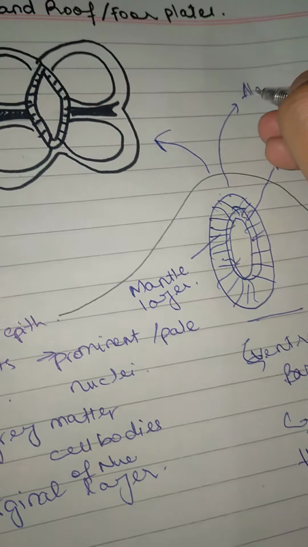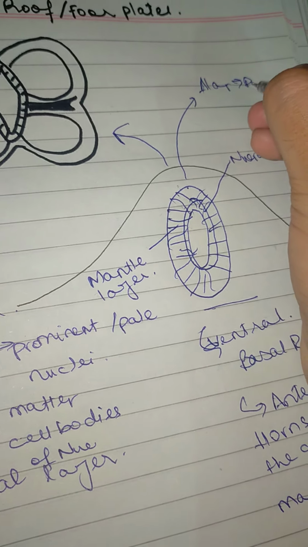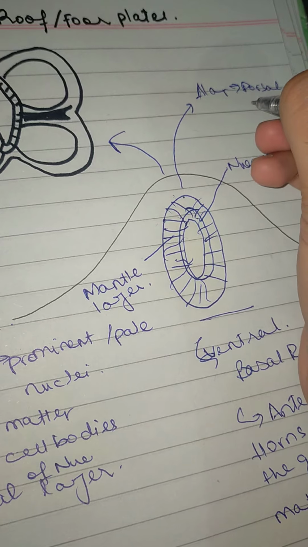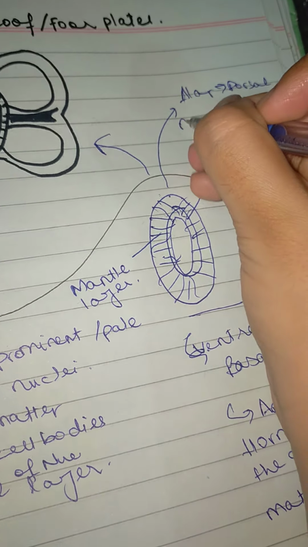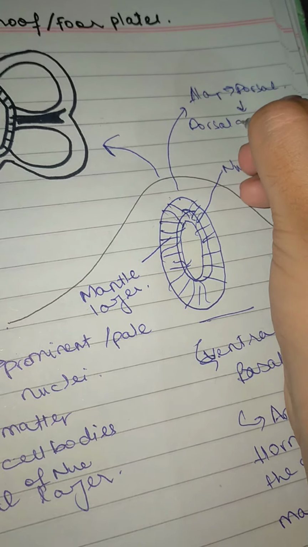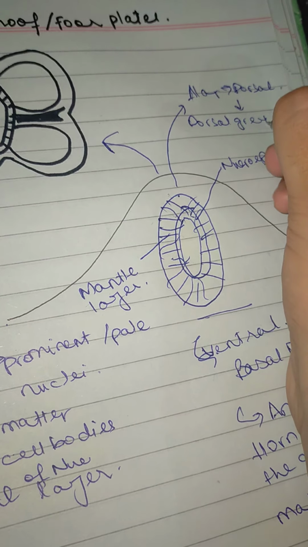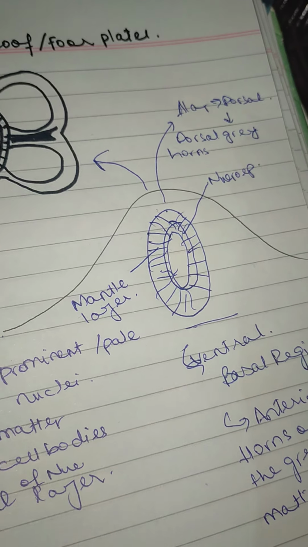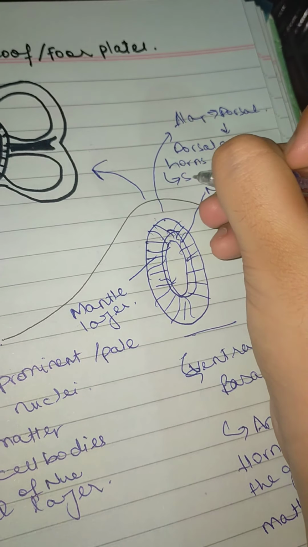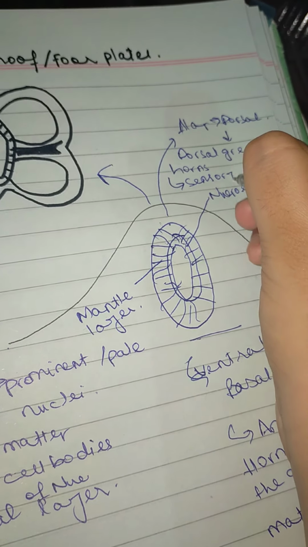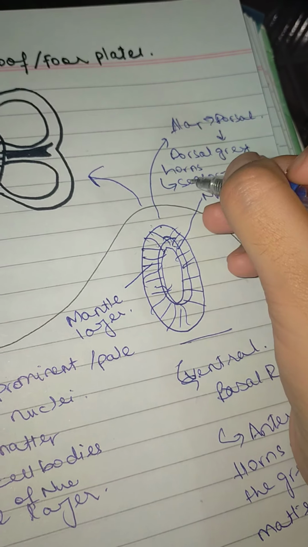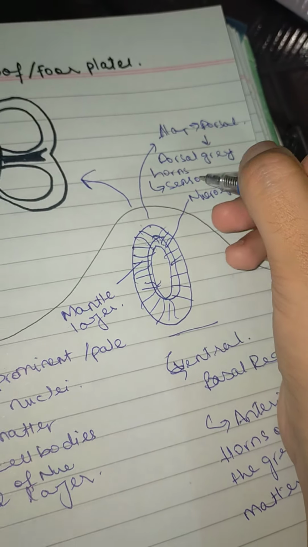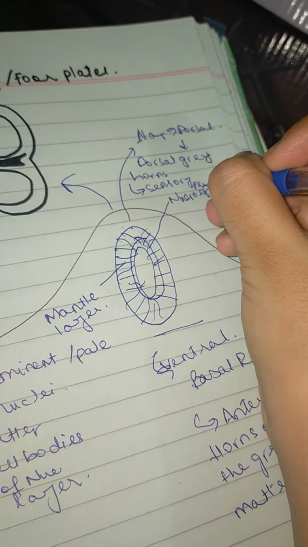Alar plates are formed by the dorsal region, and the dorsal part of the mantle layer basically forms the dorsal gray horns, or the posterior horns of the gray matter, which are responsible for sensory function, which are responsible for allowing sensory neurons to enter the central nervous system. Sensory neurons.